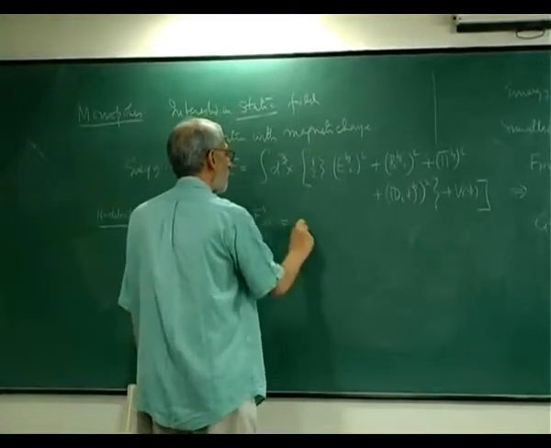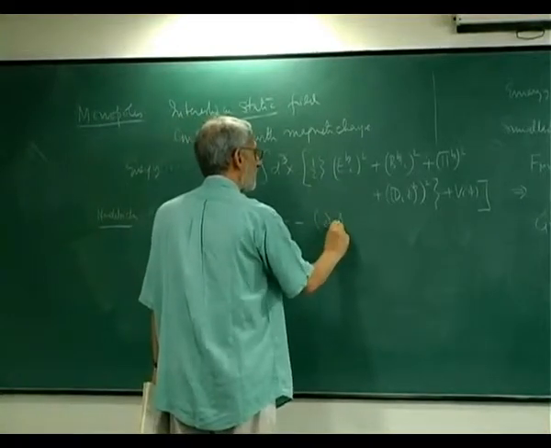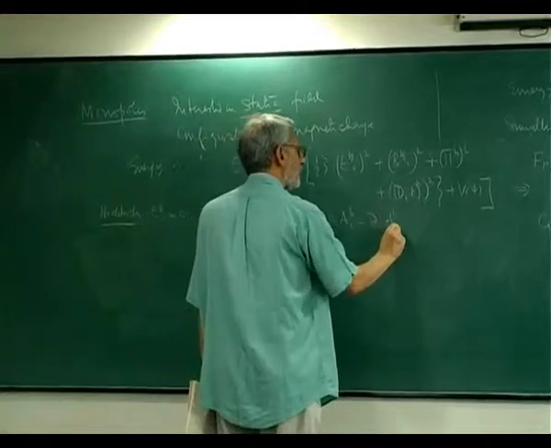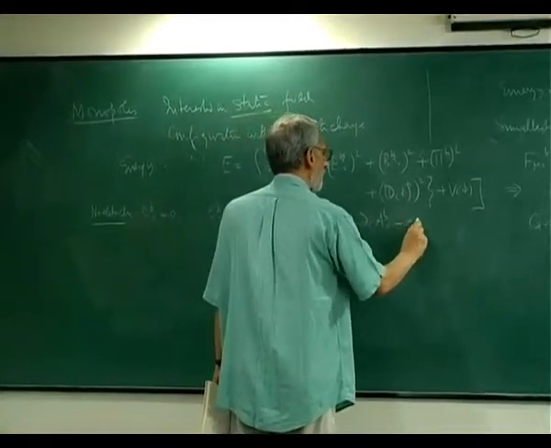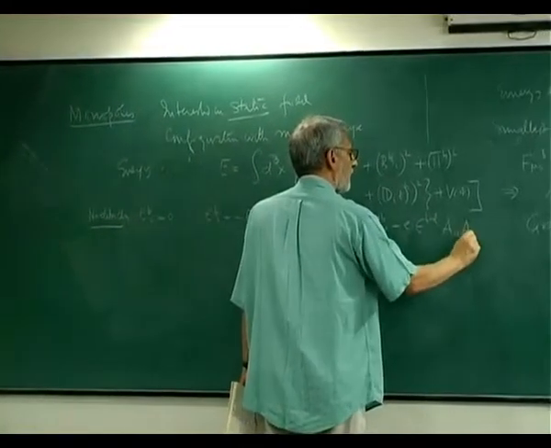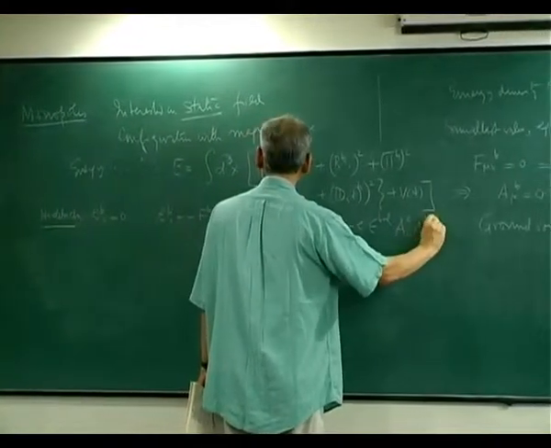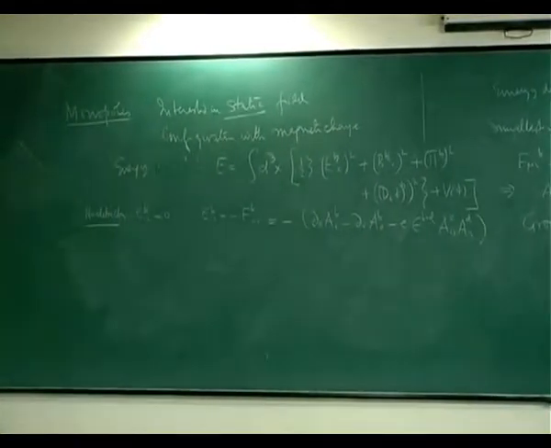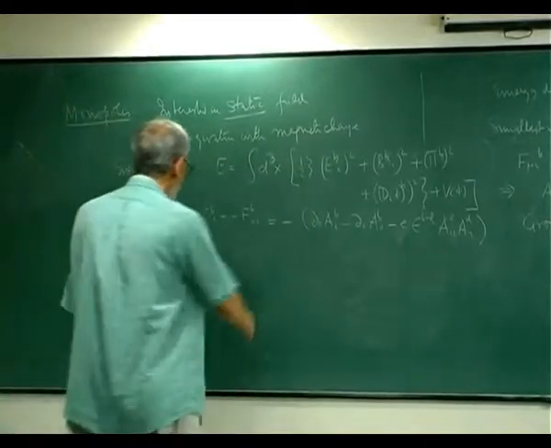And this object is D_0 A_i^B minus D_i A_0^B minus epsilon^{BCD} A_0^C A_i^D. That's what the field strength 0i component is. And we want this to be 0.